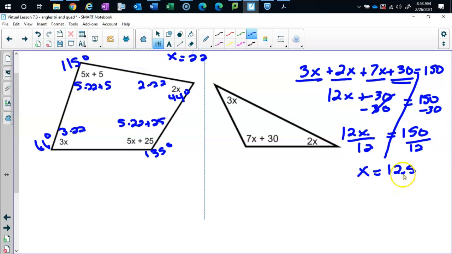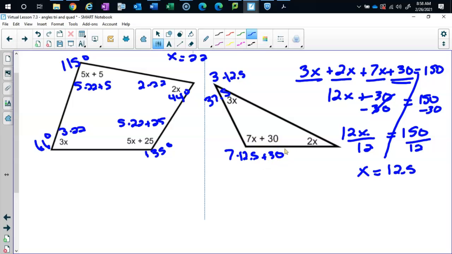That's exactly what it is. Do not round that. It's 12.5. Guys, 12.5. Now, if I ask you to go back and find the angles, this angle here will be 3 times 12.5. That's 37.5. So this angle is 37.5. This angle will be 7 times 12.5 plus 30.